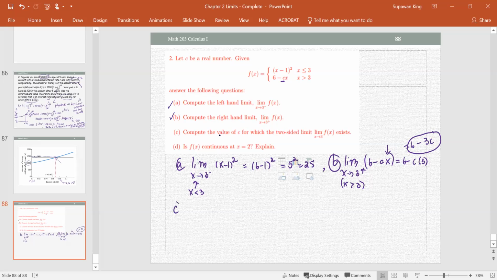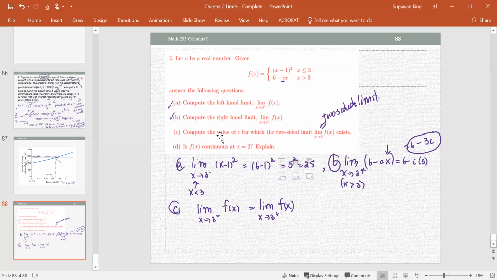Next, part C, we're going to compute the value c for which the two-sided limit of f of x as x approaches 3 exists. If the two-sided limit exists, that means the left-sided limit as x approaches 3 negative of f of x must be the same as the right-sided limit of the function.